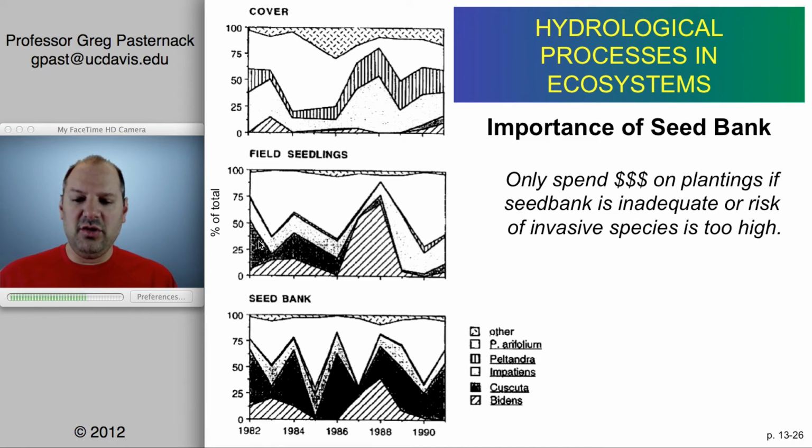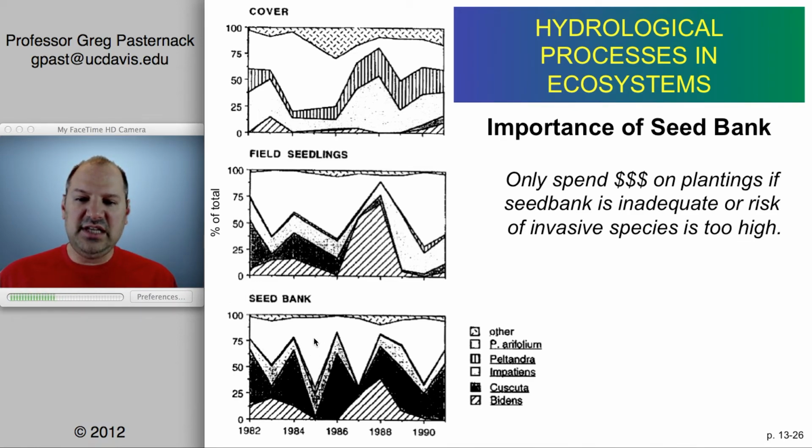So here we see over a period of years for a wetland, the relative abundance of seeds for these different species. It's not so important what they are, but Bidens, Cuscuta, Impatiens, Peltandra aerifolium, and other. You can see there's a lot of Cuscuta here, some Bidens, and then a lot of Impatiens. So this is a little bit of a drier context, but still a wetland.